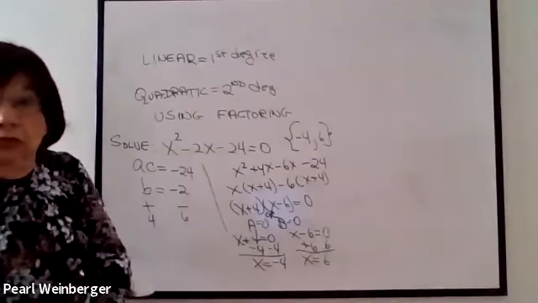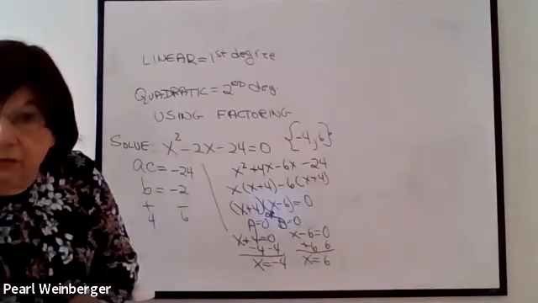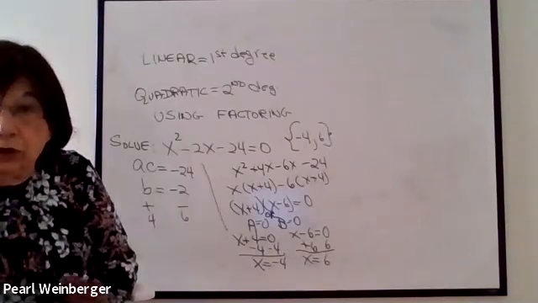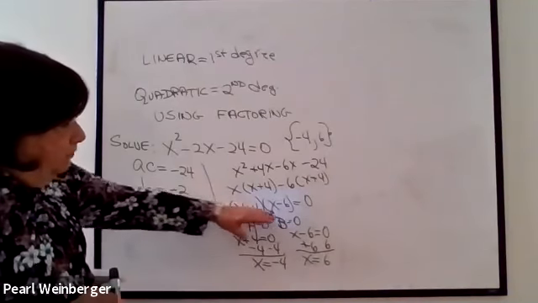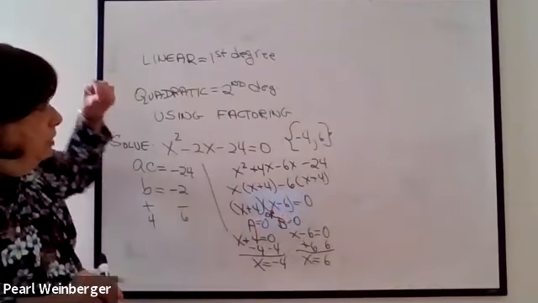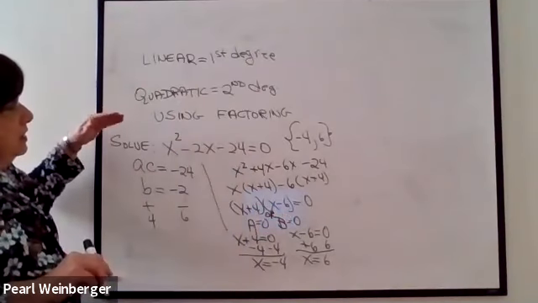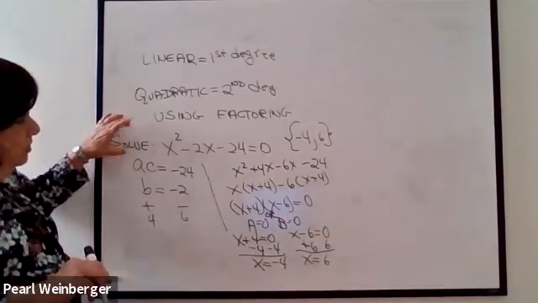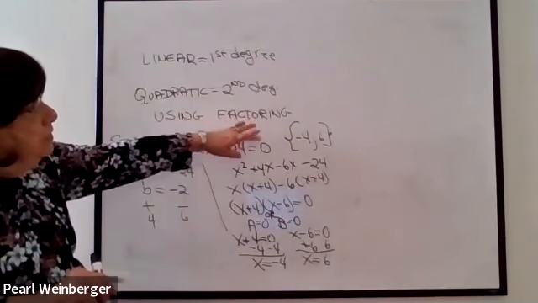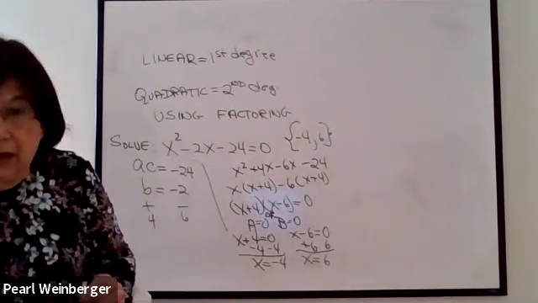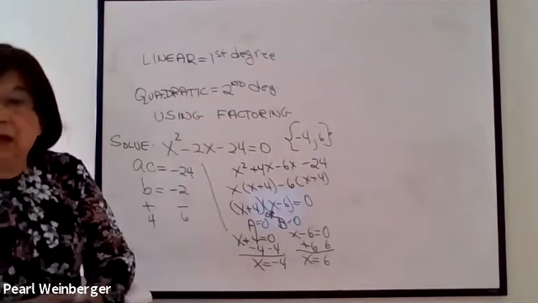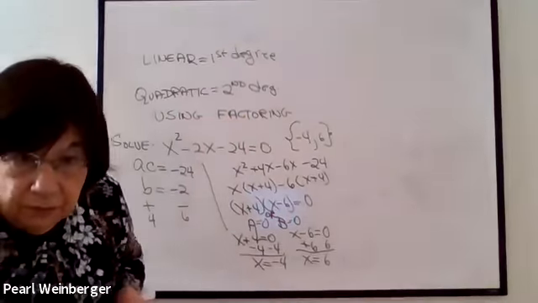And if you do get two answers, then you must give both answers as your solution. Notice I didn't stop at the factoring part. How did I know to go further? Because it said solve. The word solve is in it, and then there was an equal sign in the example, which meant it was an equation. Okay, let's try another one like this.